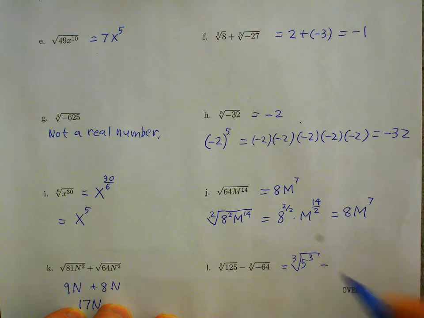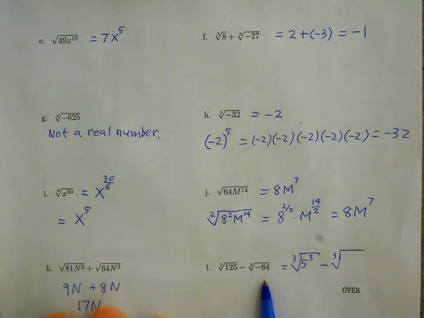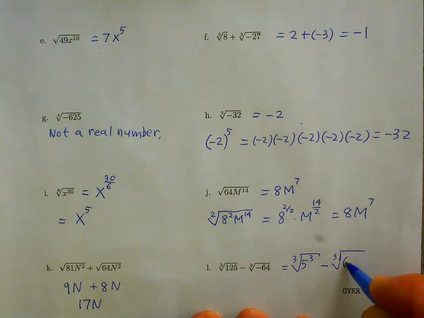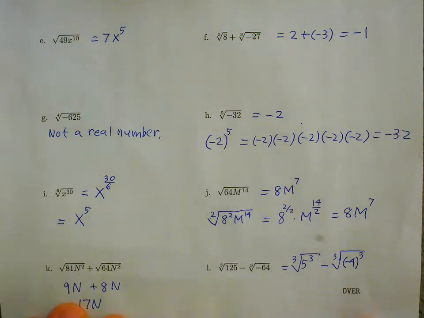And then we're subtracting the cubed root of negative 64. Negative 64 is a perfect cube because if you raise the number negative 4 to the third, you get negative 64.